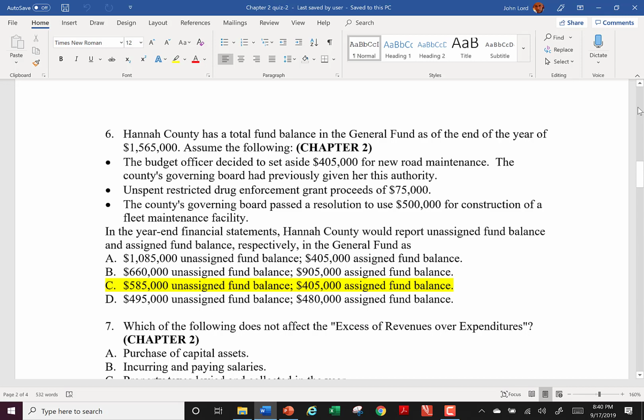Yes. 585,000? Okay, and at that point, you can stop thinking because there's only one choice that has 585, right? But then you can see that they're also telling you we have reported the 405,000 as assigned. Question?